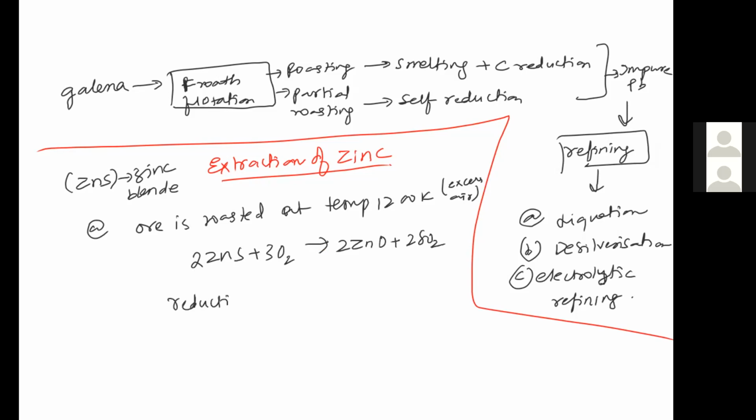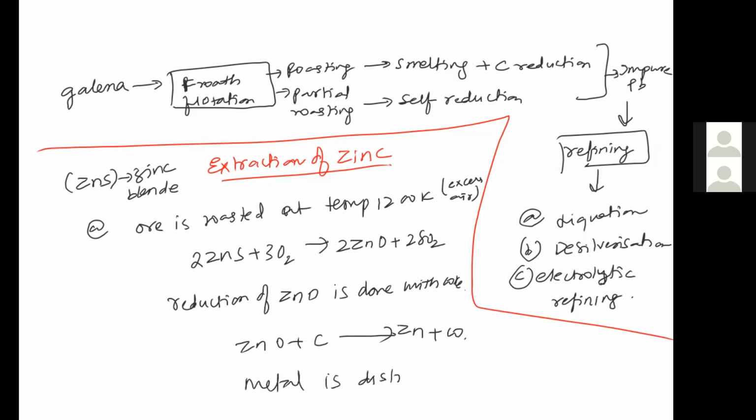The reduction of ZnO is done with coke. So ZnO plus C gives rise to Zn plus CO. The metal is distilled and collected by rapid chilling. That's all.